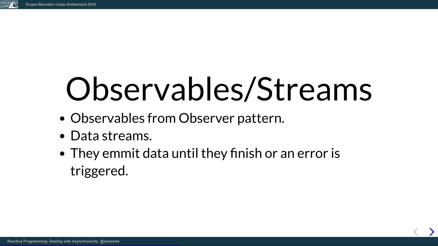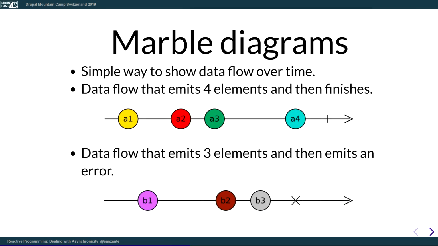The observables, or you can see as streams, are, let's say, just things that can be observed. Boxes where the data comes from, and you can see that basically they are the observed part of the observer pattern.